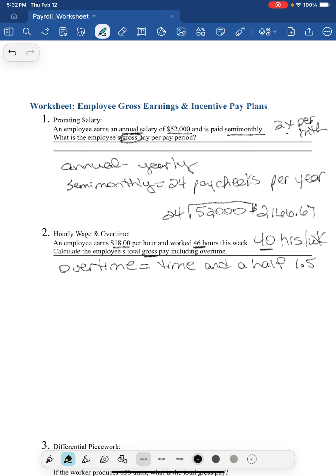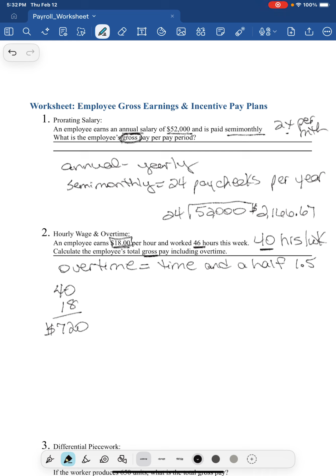So we have to kind of do this in 2 steps, because for the first 40 hours they're making $18 an hour. So let's multiply that out. Again, we don't have to factor any taxes or any of that. We're just looking for gross pay. 40 hours a week times $18 an hour equals $720 in regular time pay. Okay, now we have to figure out what the overtime rate is for $18.